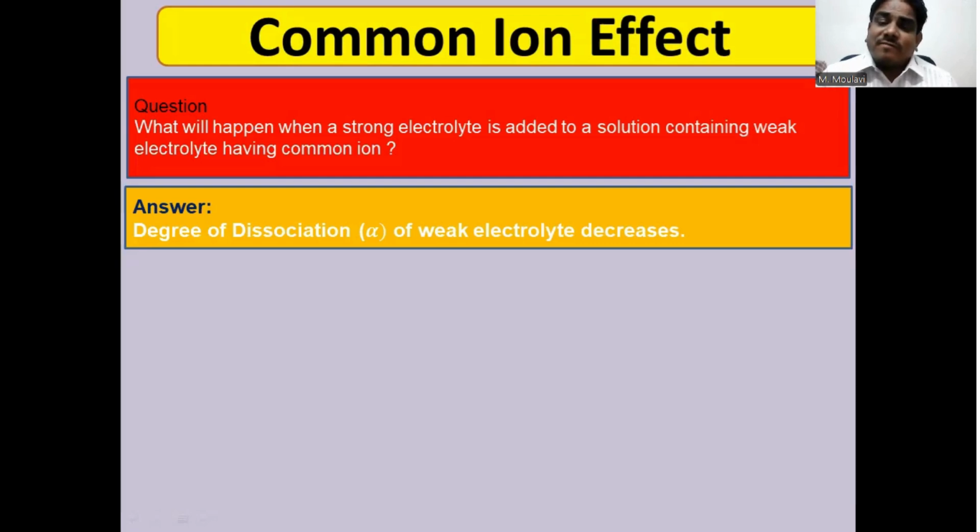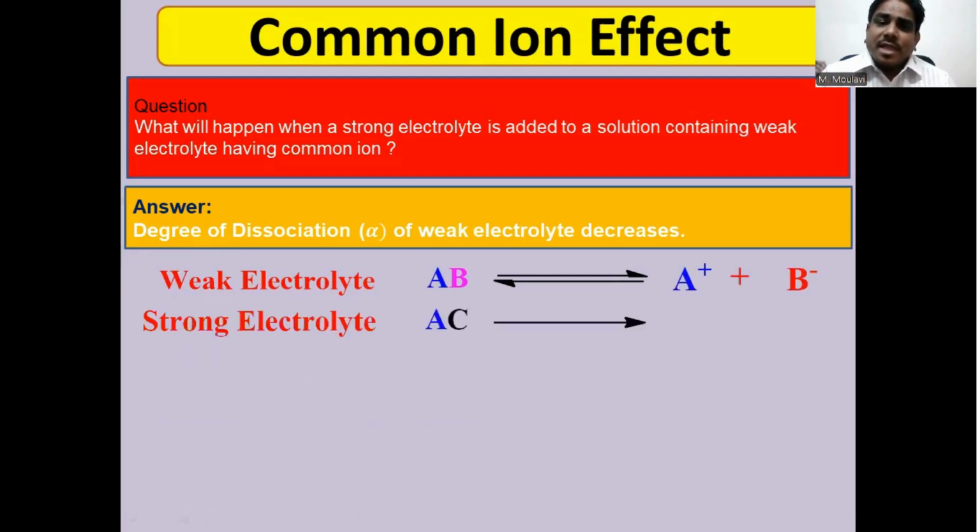So the common ion effect term is related with the strong electrolyte, weak electrolyte and the common ion. This is the equation for weak electrolyte. A weak electrolyte AB undergoes dissociation in water as A plus ion and B minus ion. And to this solution of weak electrolyte, we are adding the strong electrolyte AC.